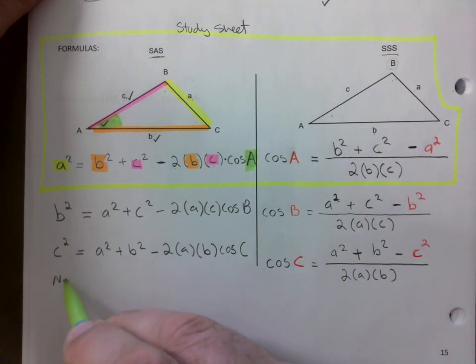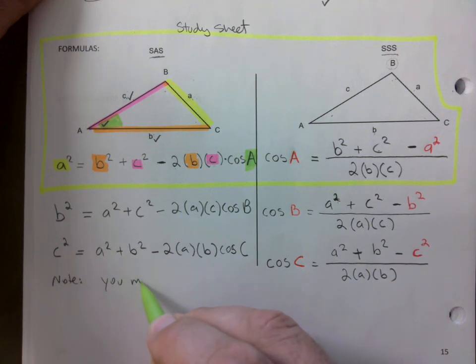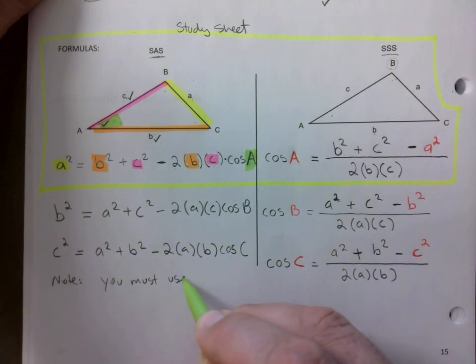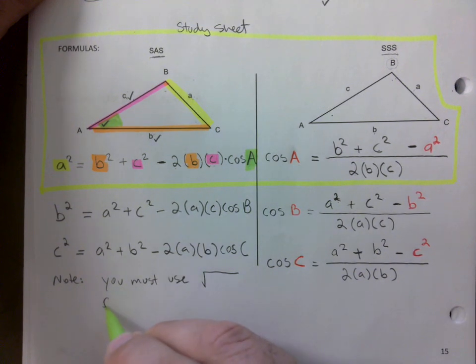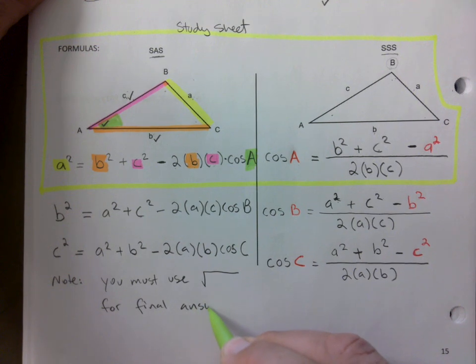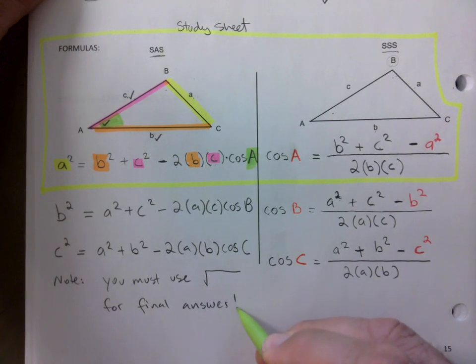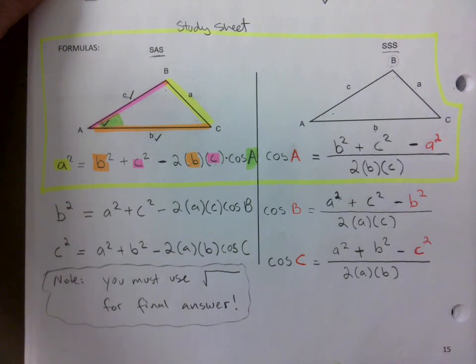The note here would be you must use square root, okay, for final answer. That is the most common mistake, that students forget to square root their final answer, and then it's this huge number that doesn't make sense. Okay, so this is note for this side.